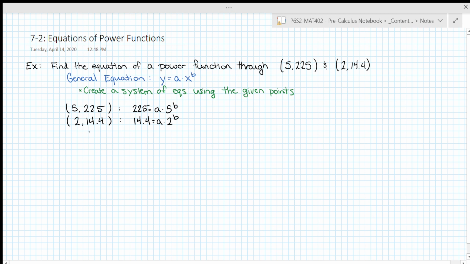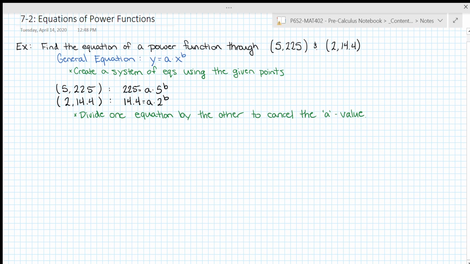I'm going to divide one equation by the other, because this will cancel my a value. So I write that top equation, 225 equals a times 5 to the b power.